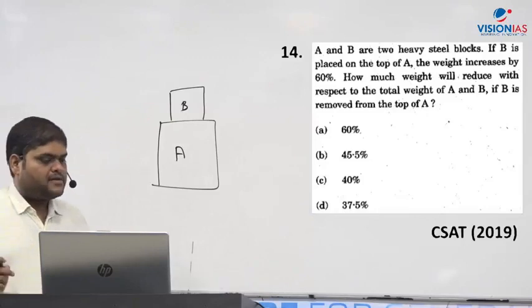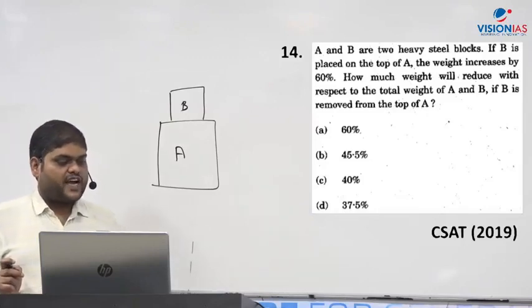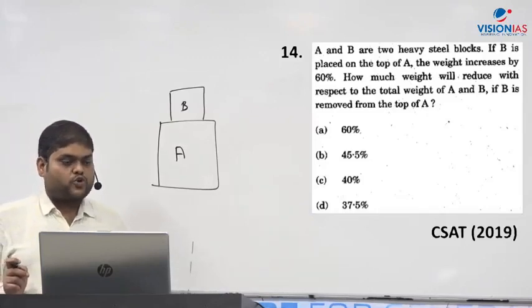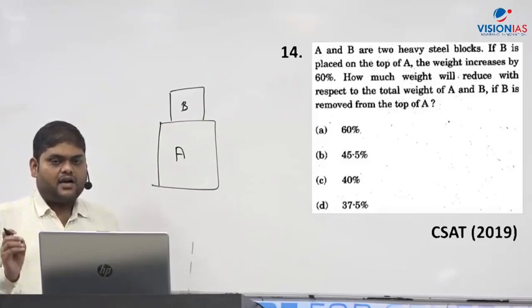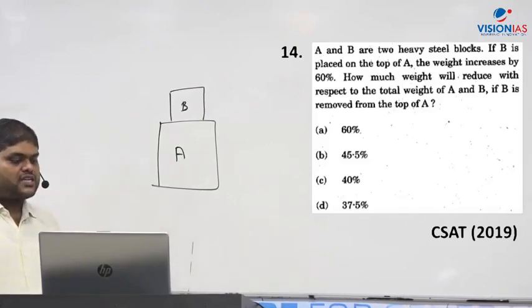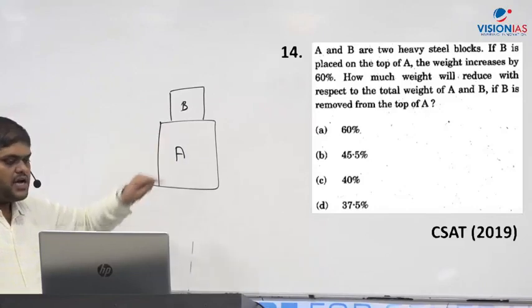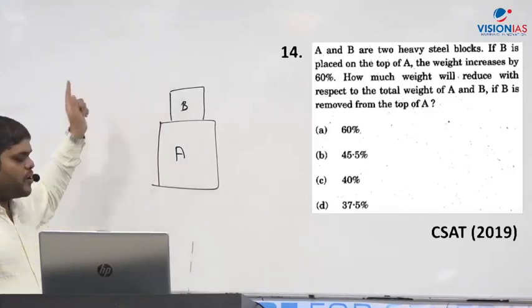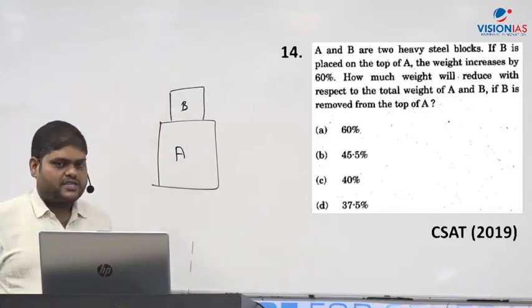Now the question is, how much weight will reduce with respect to the total of A and B if B is removed from the top? Think about it, solve.